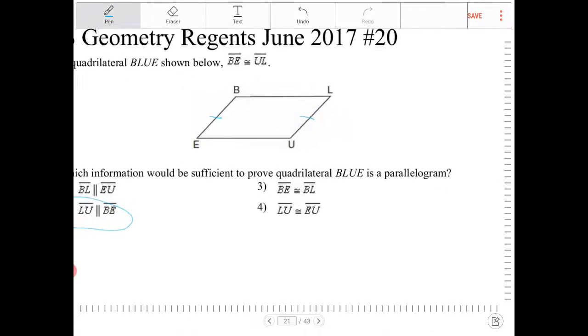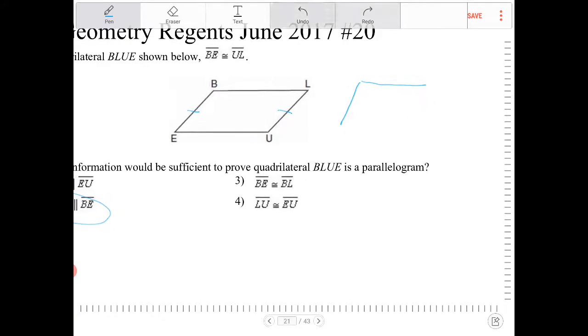Option 3, BE is congruent to BL. They don't have to be the case. Again, we can certainly draw a quadrilateral that looks like this, where all 3 of those sides are going to be congruent.